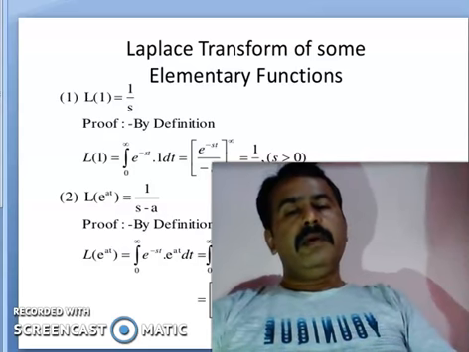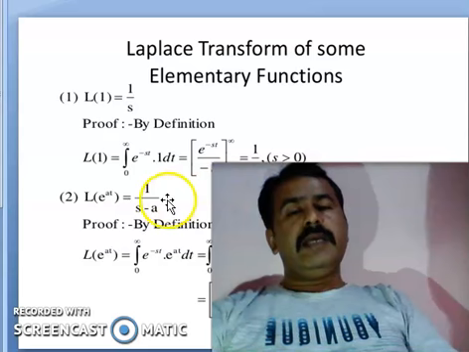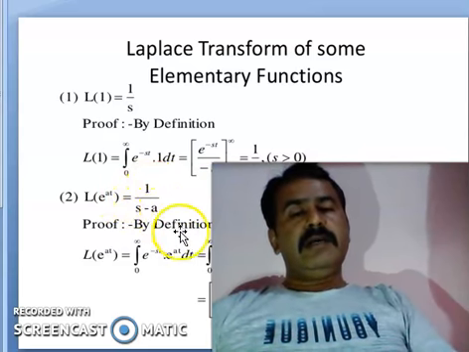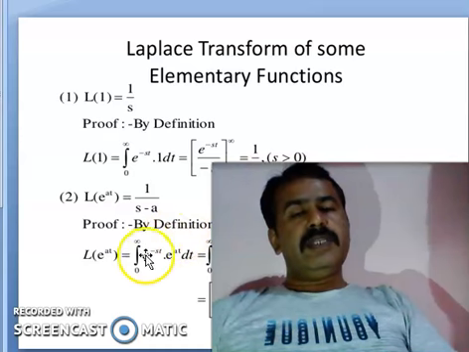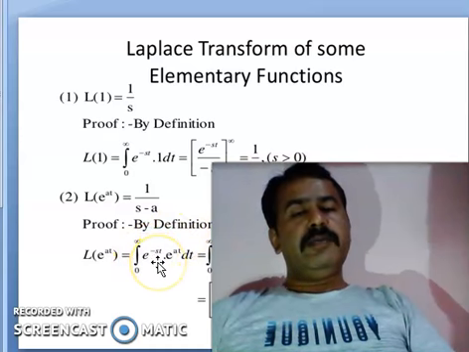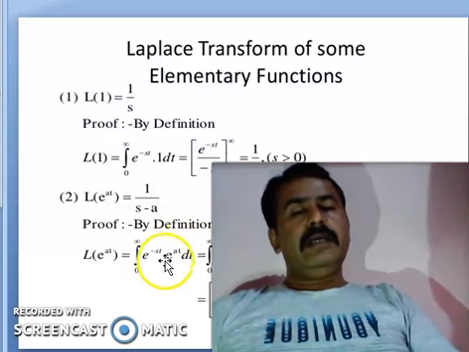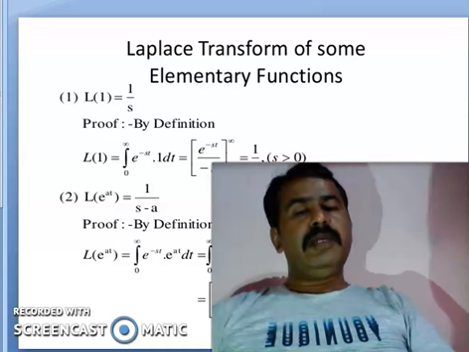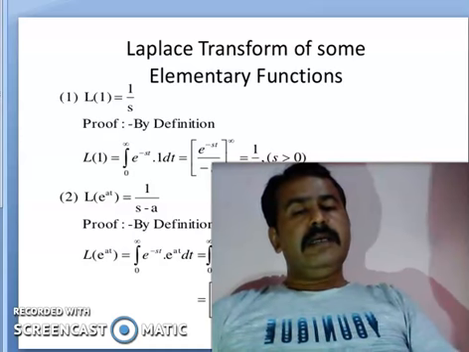Now, second, suppose Laplace of e to the power at, which is 1 by s minus a. By the definition, the integral from 0 to infinity of e to the power minus st, and f(t) is e to the power at dt. After combining these two exponential parts, it becomes the integral from 0 to infinity of e to the power minus (s minus a) t dt.